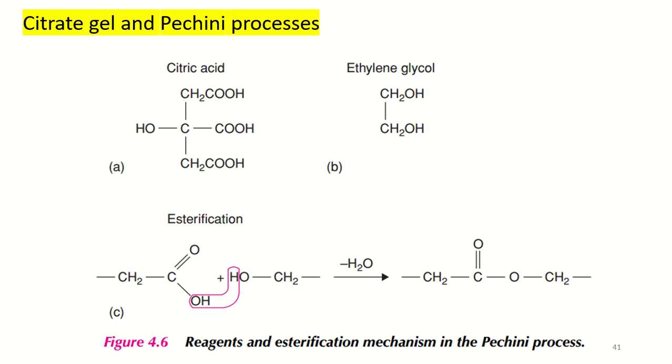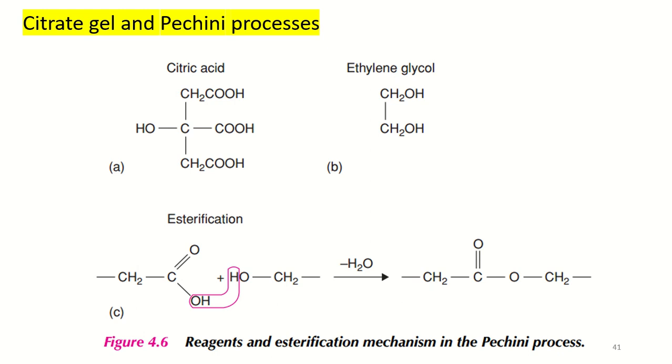The Pechini process is chemically complex and involves both acids and alcohols together with esterification, whereas in the citrate gel method alcohols are not utilized and instead citric acid is simply added to metal nitrate aqueous solutions.